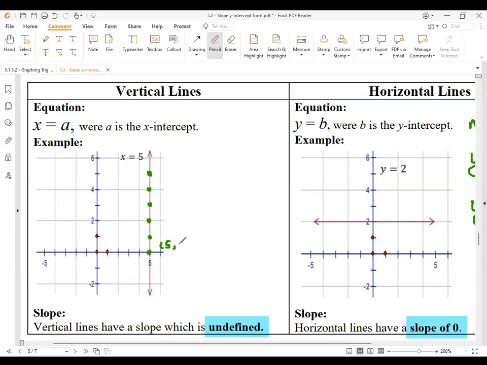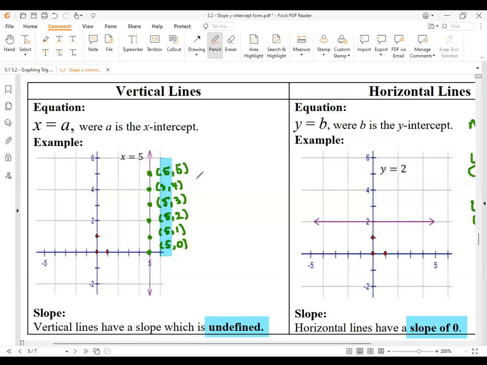5, 0. What's that point? 5, 1. What's that point? 5, 2. This is 5, 3. That is 5, 4. That is 5, 5. And it keeps on going. What is common with all of these points?